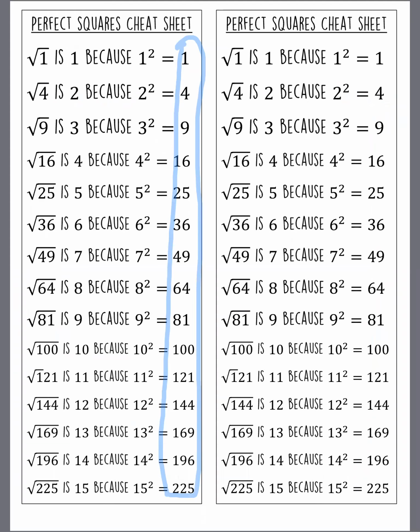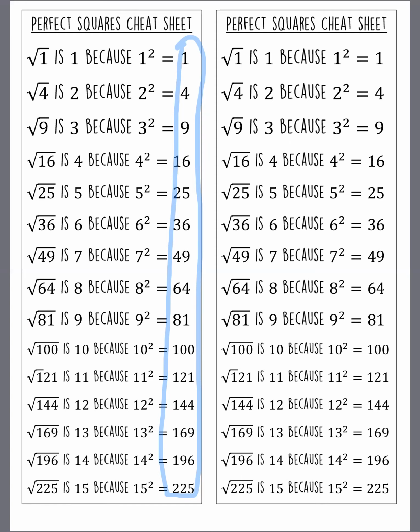I guess it's meant to be printed and cut in half. Those are all the perfect squares up through 15 squared. Obviously it keeps going, 16 squared, 17 squared, and so on, but that would be a massively large list. So here we have 1 through 15 squared giving these perfect squares.